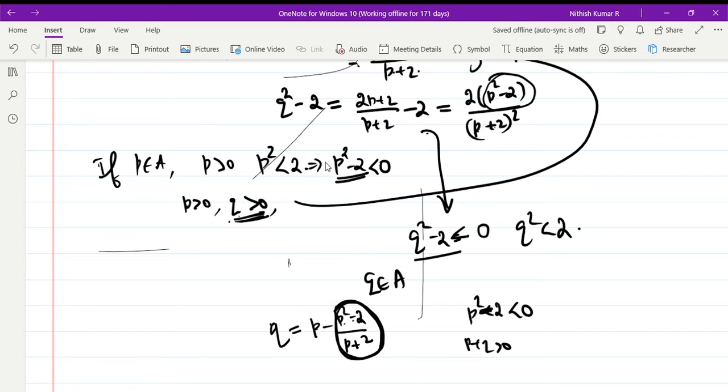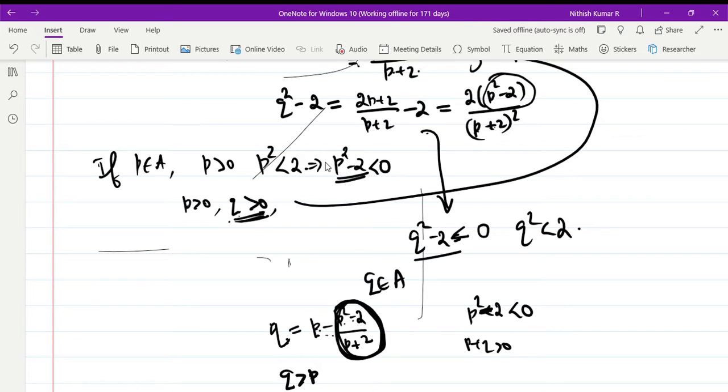Now p is greater than 0, so we are subtracting a number less than 0 from p to get q. Therefore my q has to be greater than p.